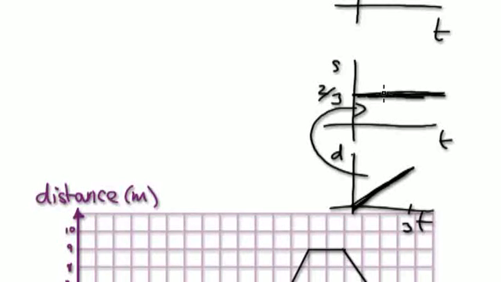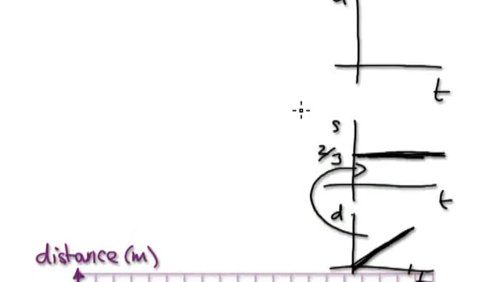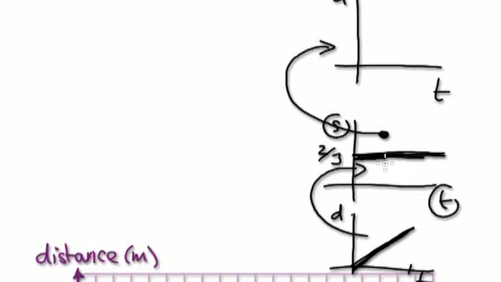Now, when you're given a speed-time graph, the gradient of the speed-time graph represents the acceleration. The gradient of this line here is actually 0, so your acceleration-time graph will just be a straight line like this, 0.